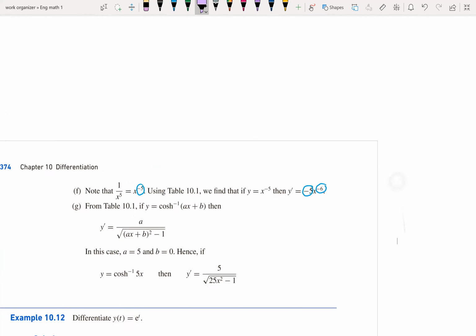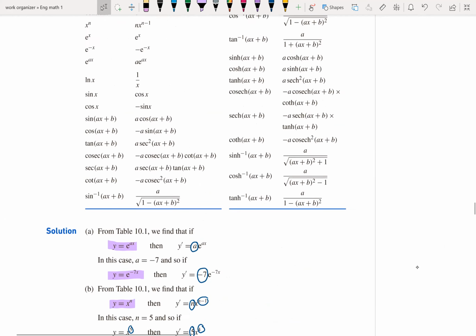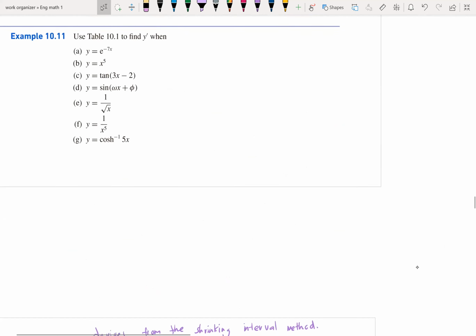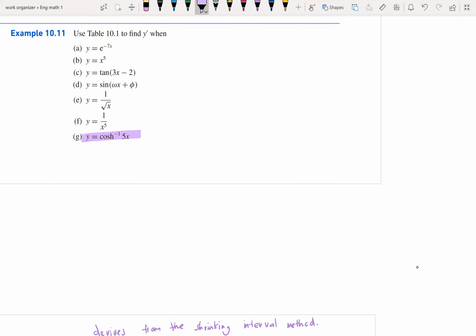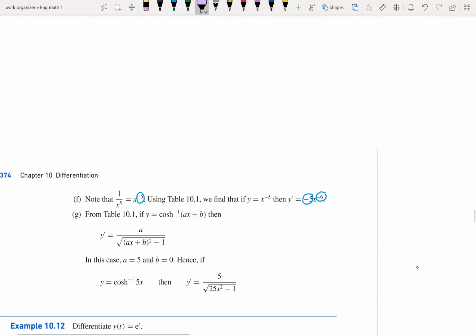So the question is y cos negative 1 5x. So for this one, A is 1.